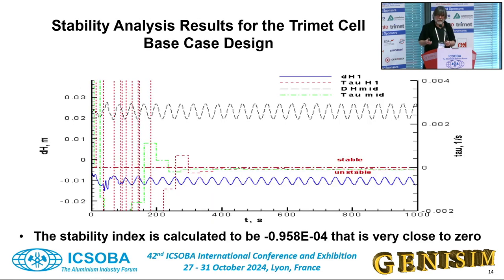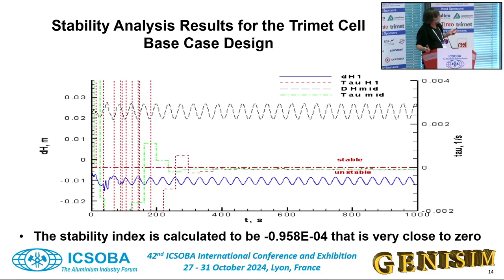Now, the stability, that is MHD Valdez, will perform the stability analysis. That means you start with a perturbation on your steady state, and then you let the solution run for 1,000 seconds. And it was calibrated with the friction coefficient on the cathode surface to be critically stable at this ACD, that is 3.4 centimeter.